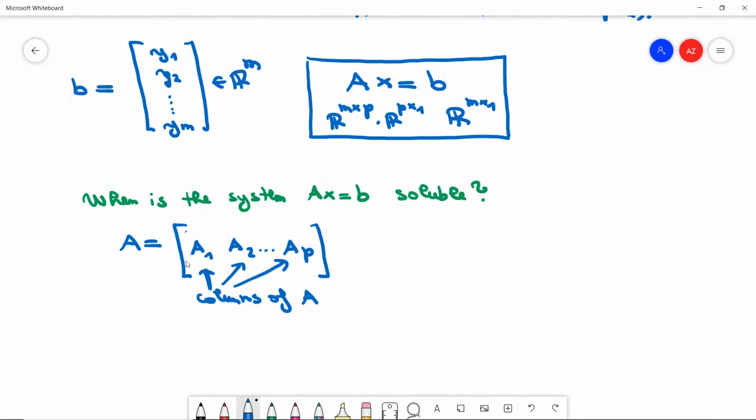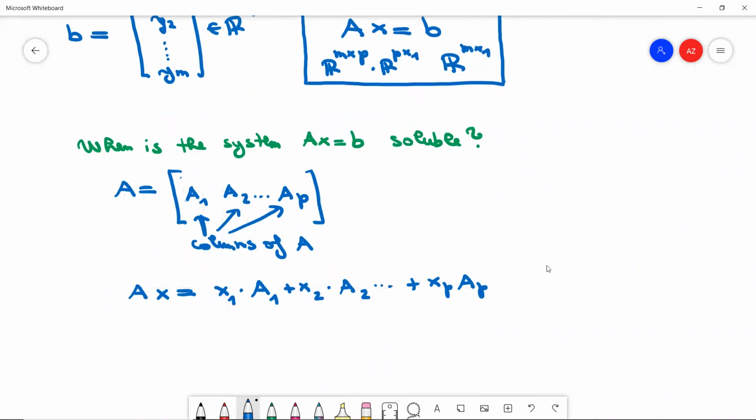If we use column notation for A, then AX is just x1 times the first column of A plus x2 times the second column of A and so on, plus xp times the pth column of A. This is the general vector of the form AX. And the system AX = B is solvable if and only if B is of this form.